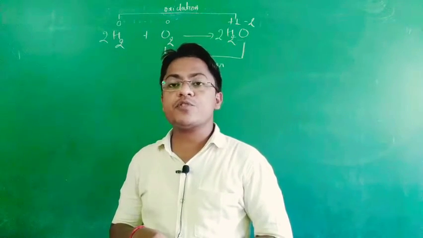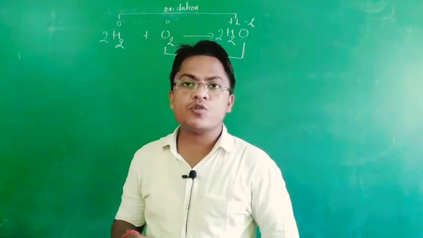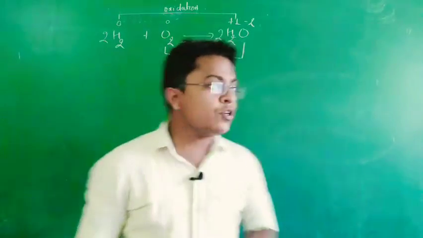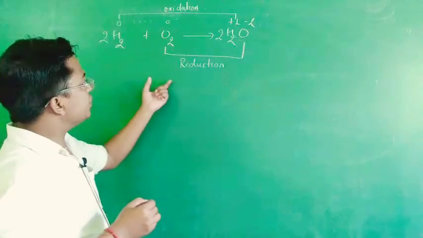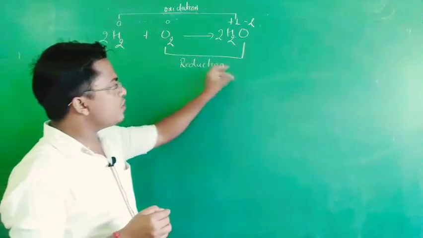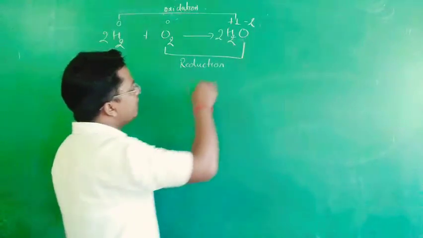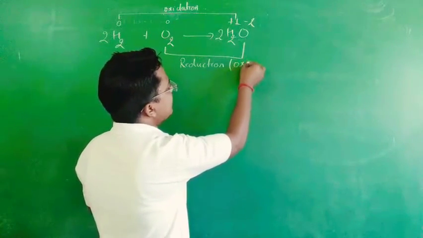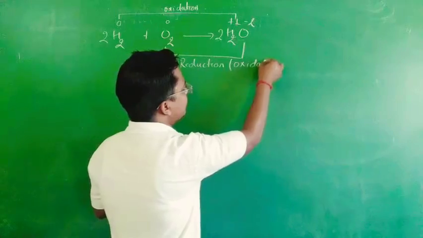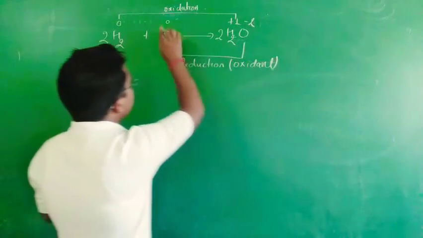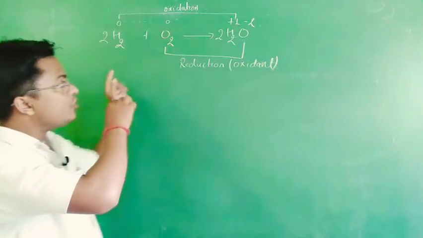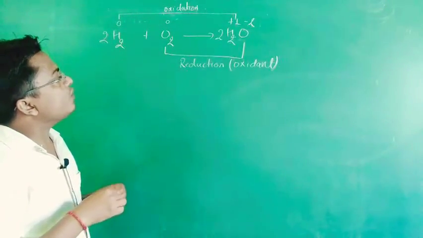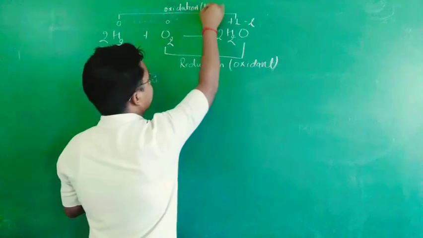If a substance is reduced in a chemical reaction, that will be the oxidizing agent or oxidant. So in this reaction oxygen gets reduced, that is why oxygen works as an oxidizing agent or oxidant. Hydrogen gets oxidized, so that is the reductant.